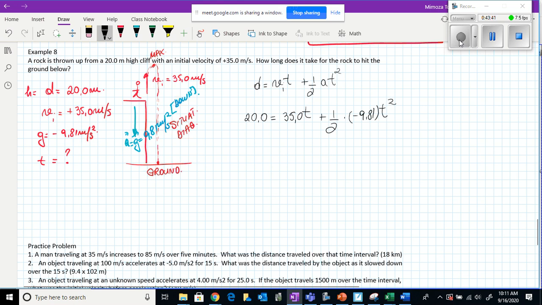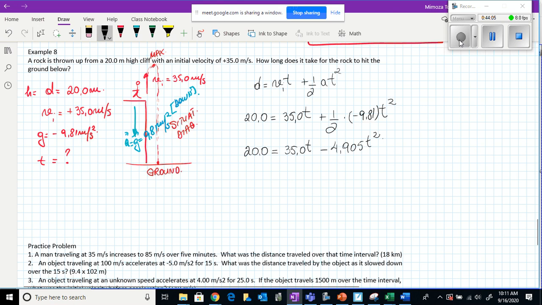Or I will simplify it a bit: 20 is equal to 35t minus, 9.81 divided by 2 is 4.905 t squared. So now what you have is a quadratic equation.